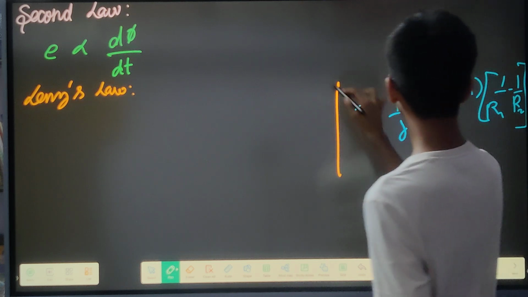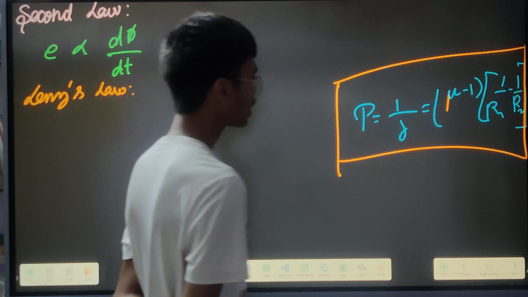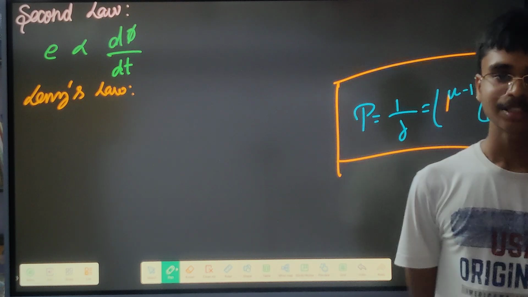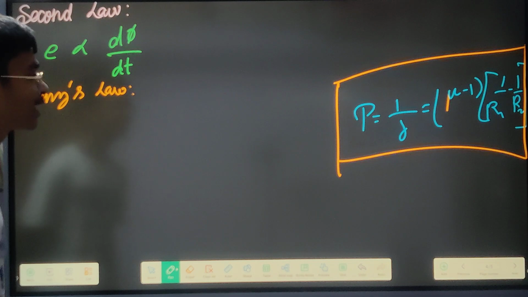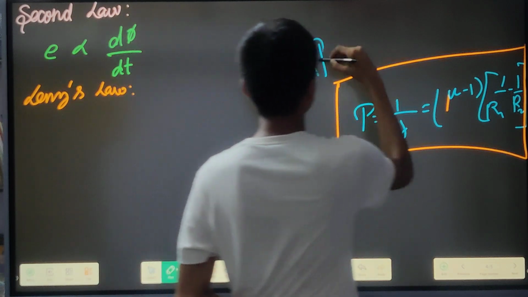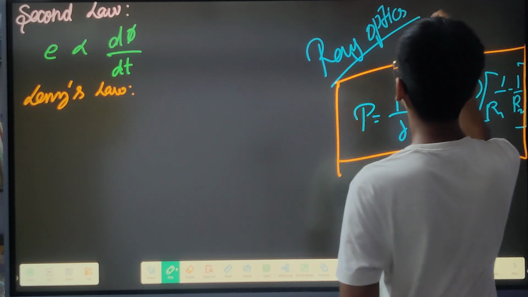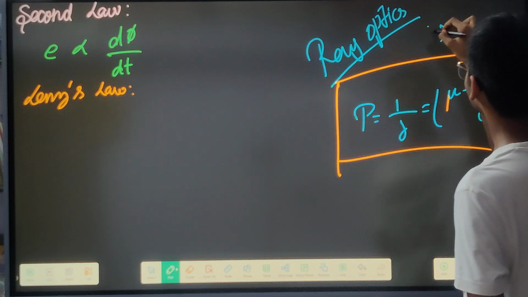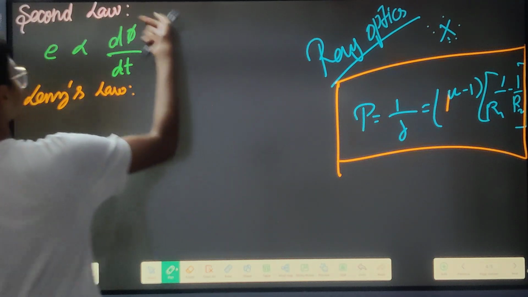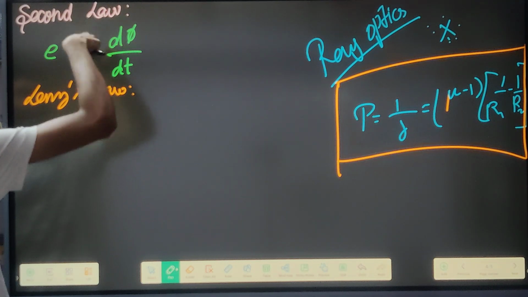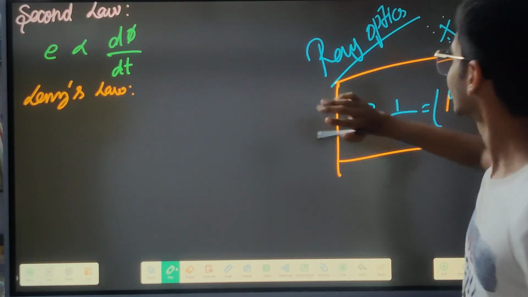This is something that we will study in ray optics, not here. It is a very important formula by the way, but here we will not study this. We will just study a further step of this equation itself.